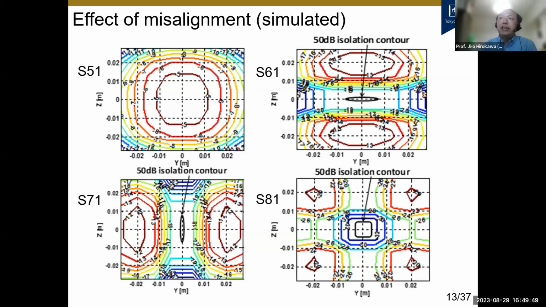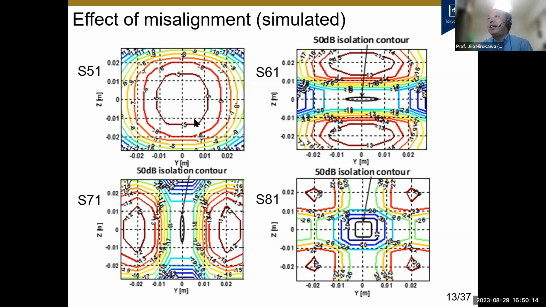The first question is related to this one, alignment. The left top here shows the transmission coefficients of the desired mode when we have misalignment in simulation.